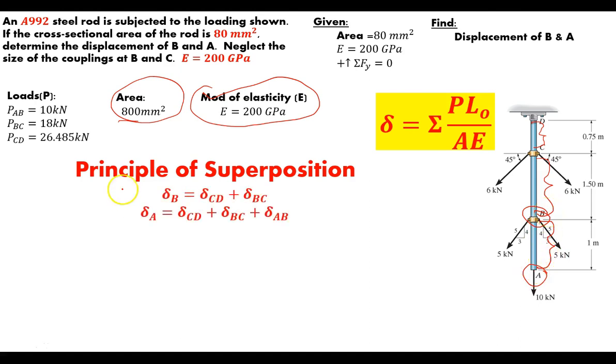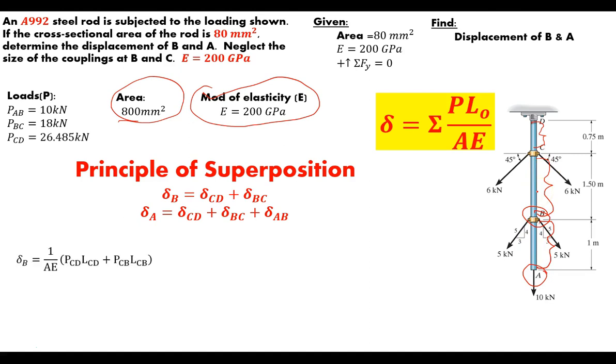So the displacement at B is going to equal the displacement of segment CD plus the displacement of segment BC, and the displacement of A is going to equal the sum of CD, BC, as well as AB, so all three of the segments.